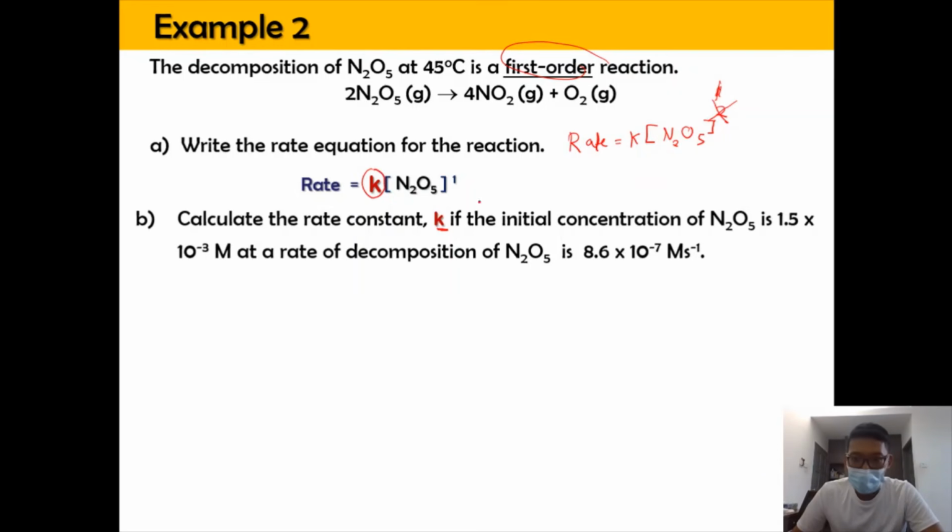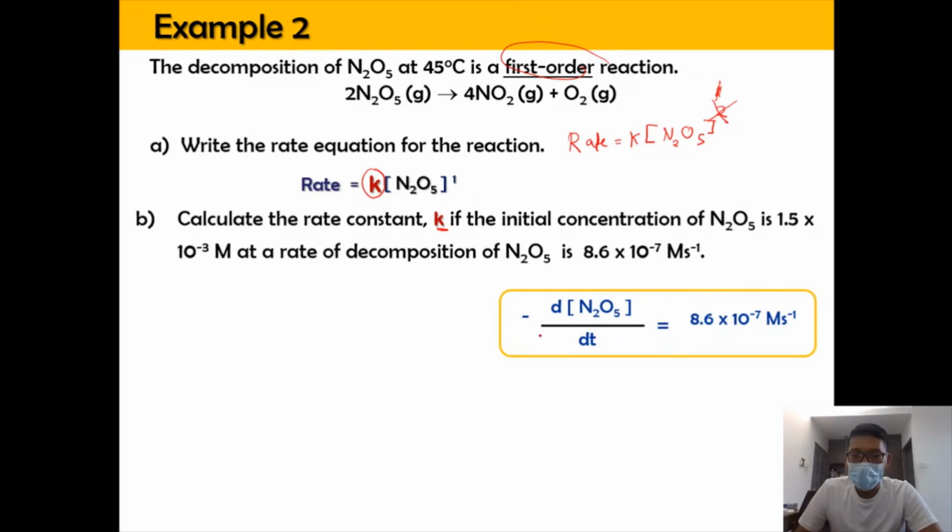N2O5 is given, which is 1.5 times 10 to the power of negative 3 molar. And the rate of decomposition is also given, which is for N2O5. But be careful, we have to find the rate of the reaction, not the rate of the decomposition. So we know that the decomposition of N2O5 is basically 8.6 times 10 to the power of negative 7, right?